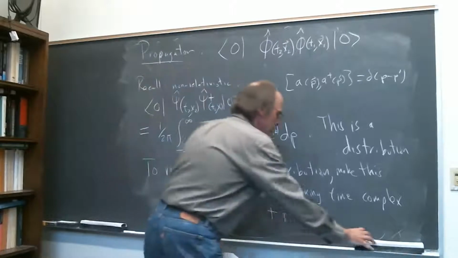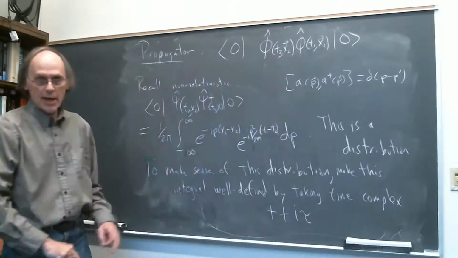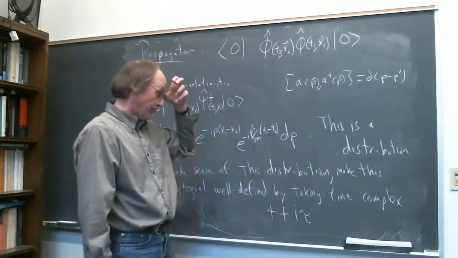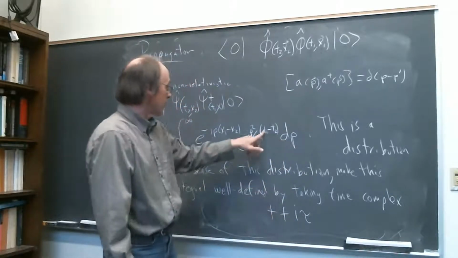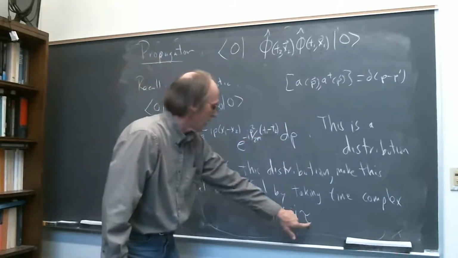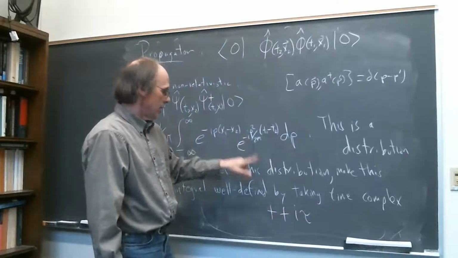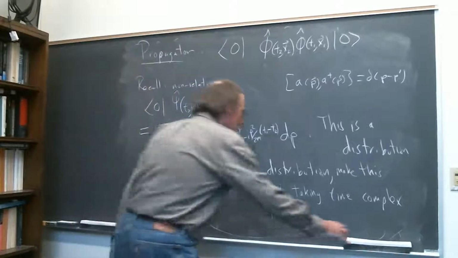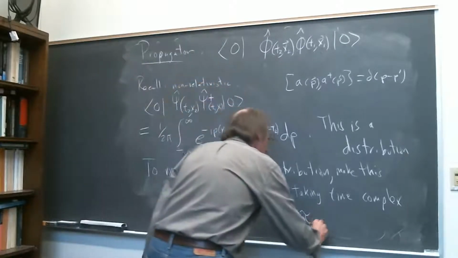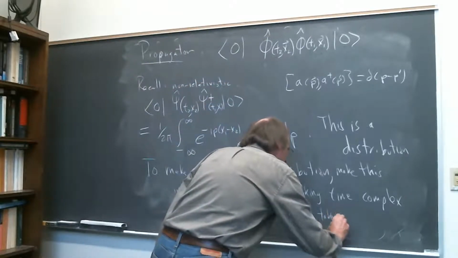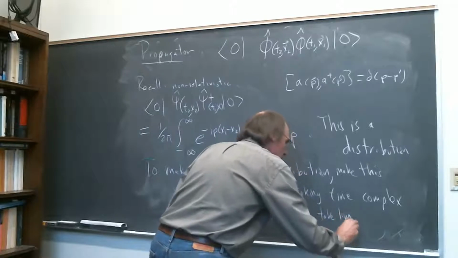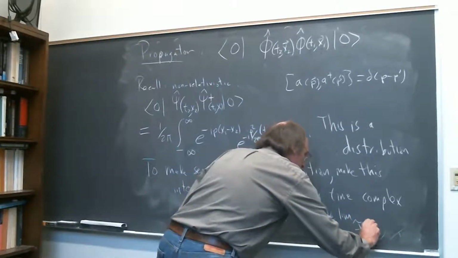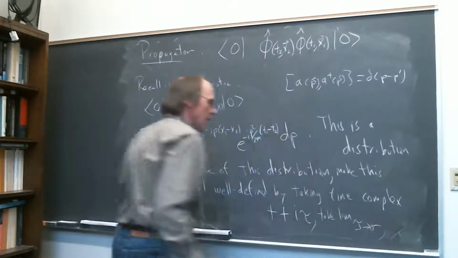And then what we're going to do is, this actually becomes well defined. If there's an I tau, and tau is negative, then what you want to do is take the limit of tau goes to 0 from the negative side.